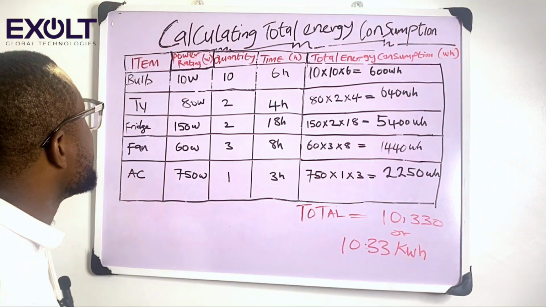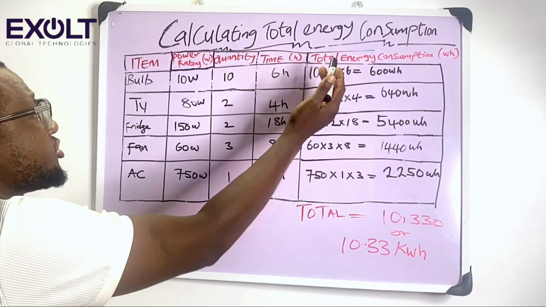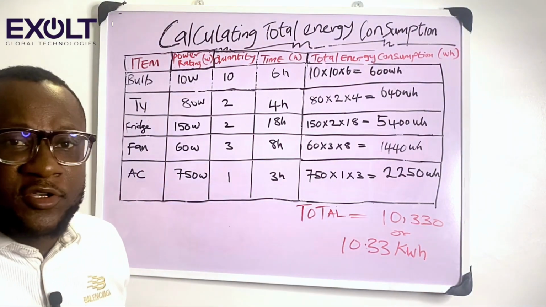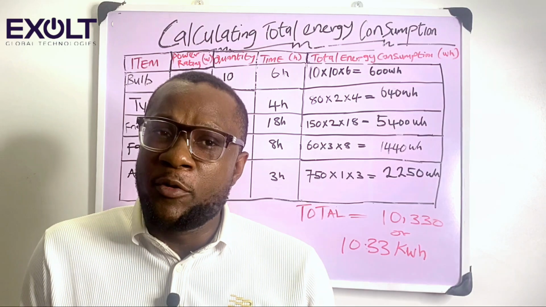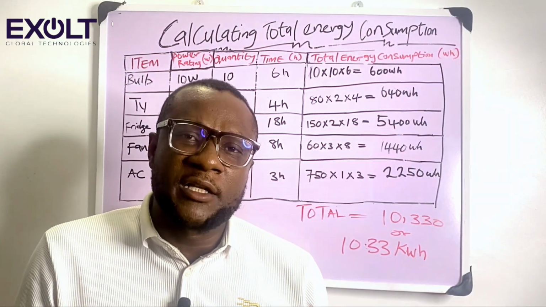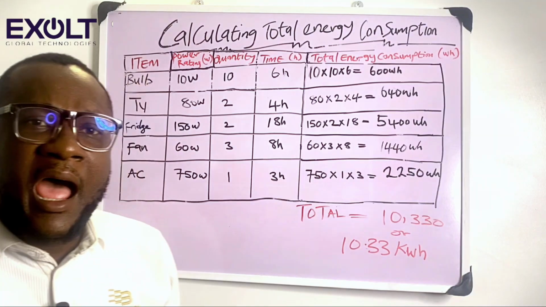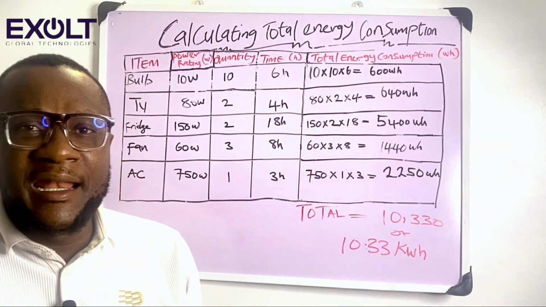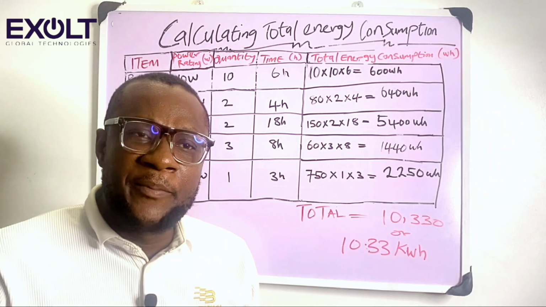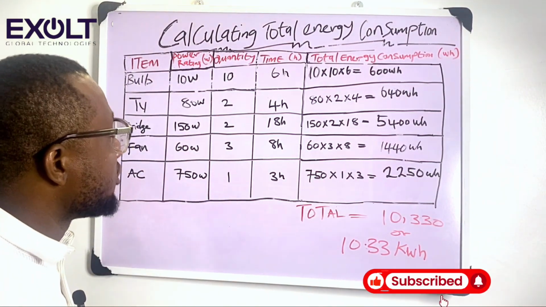When you come to energy consumption, every gadget or piece of equipment in this house will be consuming energy. We are trying to generate energy for this equipment, and we need to understand how much energy they consume, so as to design a system that will suit them and have sufficient energy to run the house.